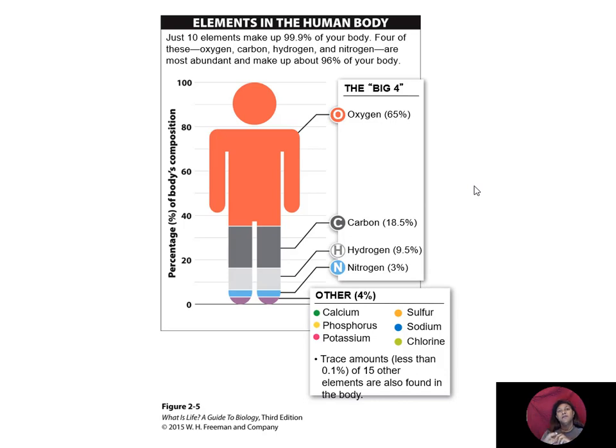However, it's the conformation of those atoms that are used to form extremely important molecules. So for example, I can take a basic piece of paper and using origami, fold that paper into different conformations and make an elephant, and then fold it again and make a bird. But it's the same sheet of paper, right?